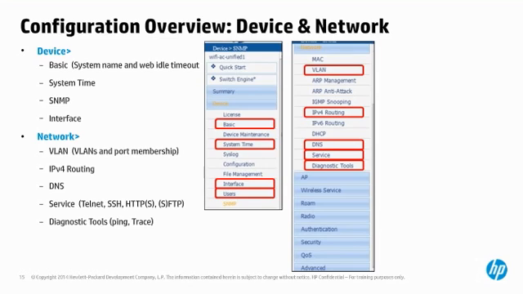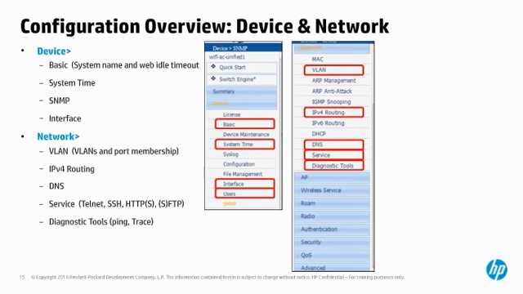You can also navigate the left-hand column of the unified AC GUI by clicking on Network. From there, you can perform the following. VLAN. Define VLANs. Configure physical ports. Assign VLANs to ports. IPv4 routing. View the route table and define static routes. DNS.